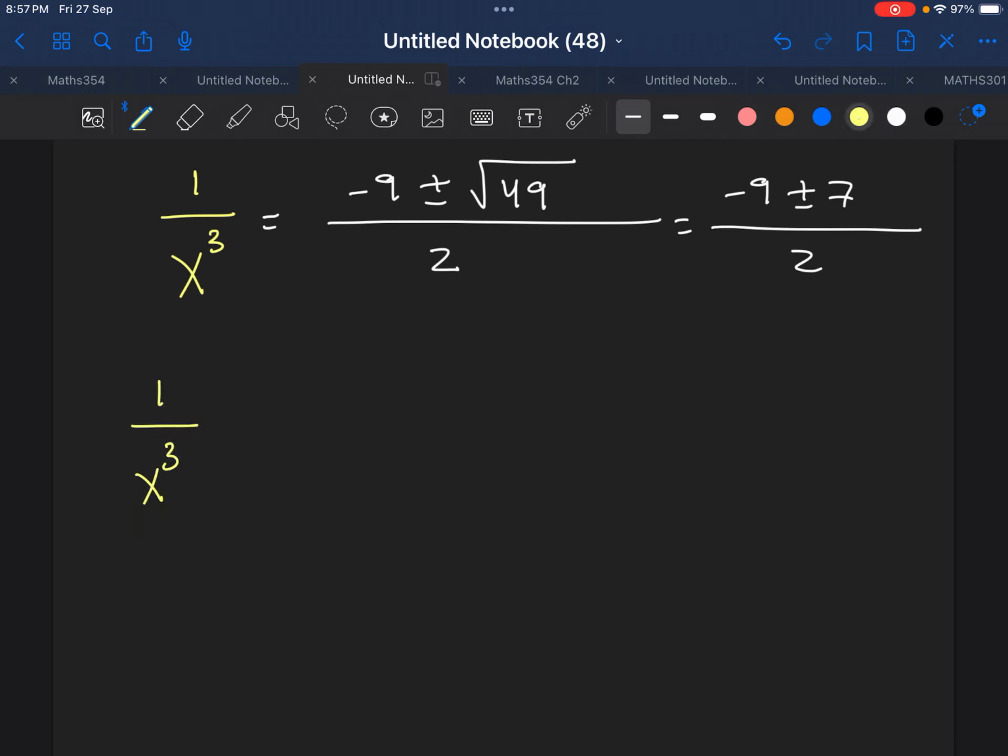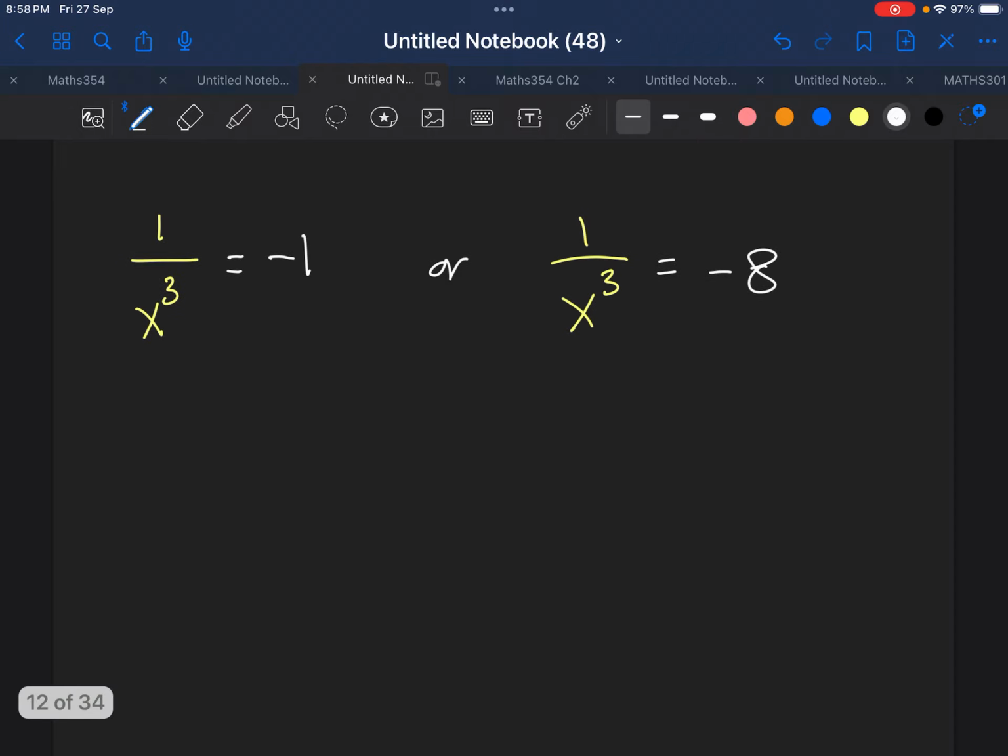Which means we have two options. 1 over x cubed equals negative 1 if we use the plus, or the other option, 1 over x cubed equals, if we plug in the minus, negative 8. And we need to solve these.